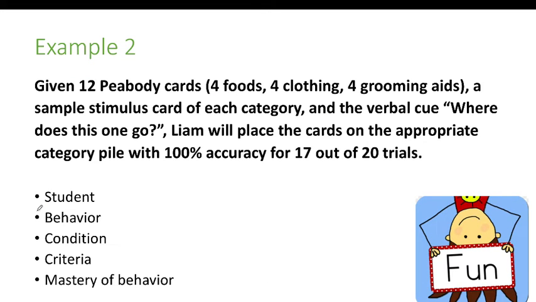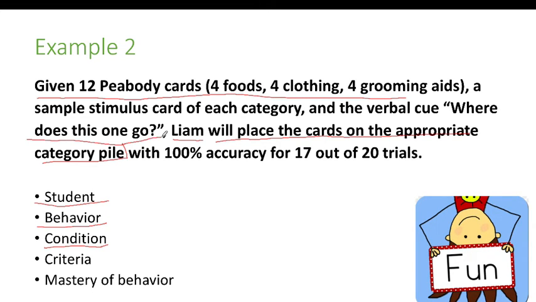Let's take a look at our second example. Student is here, Liam. Behavior: will place the card on the appropriate category pile. Condition is where, when, or with what material, so it goes to here, really long, right? And the criteria is all about numbers.